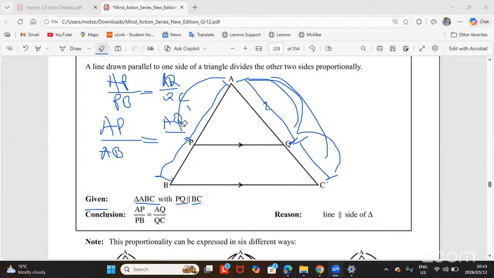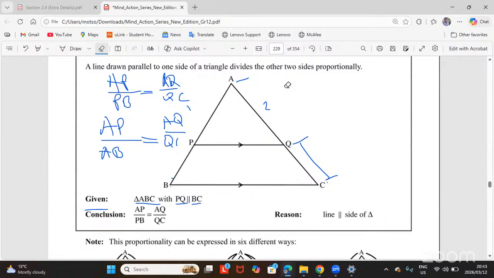Oh, I'm sorry for that, I was just erasing this mess that I had here. I was saying AQ over QC. If you did AP over AB, then on the other side it should be AQ over AC. That is the statement only for now. Remember, in Euclidean geometry, you have to put the statement and some reasoning to accompany it.